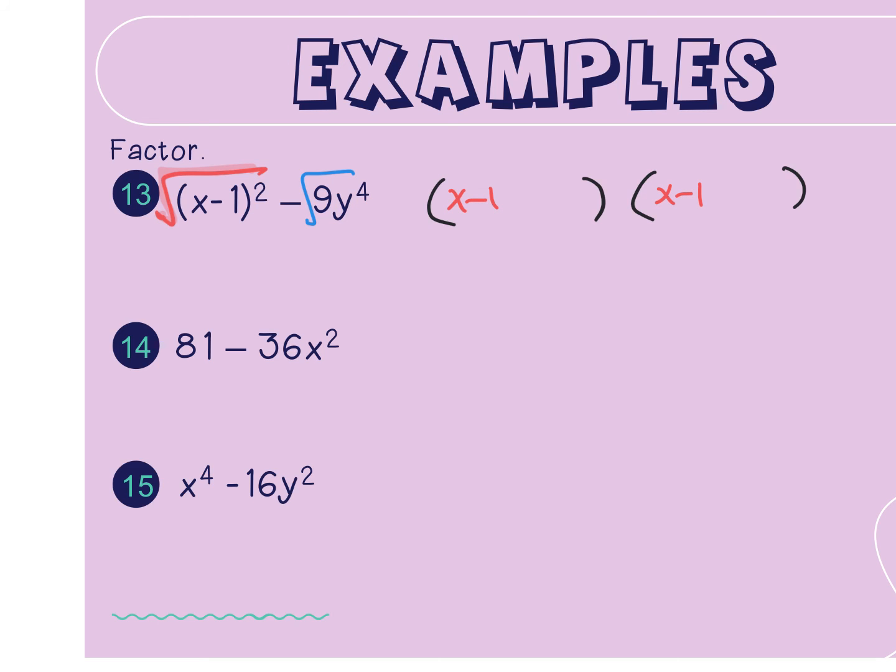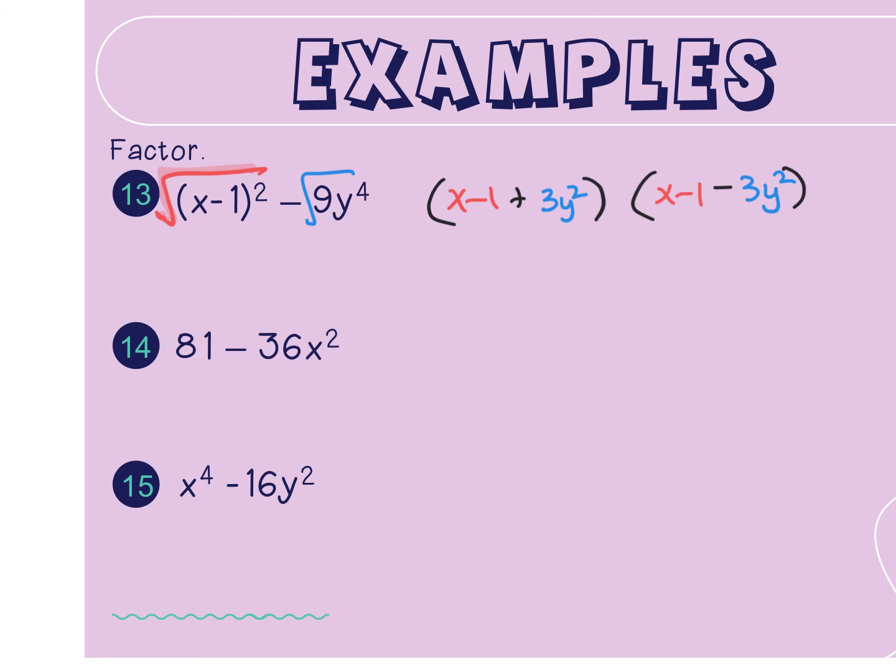Put in your plus sign, put in your minus sign, and then the square root of 9y to the fourth is going to be 3y squared. And I'm done. I can't factor any further, so I stop right there. No like terms to combine.